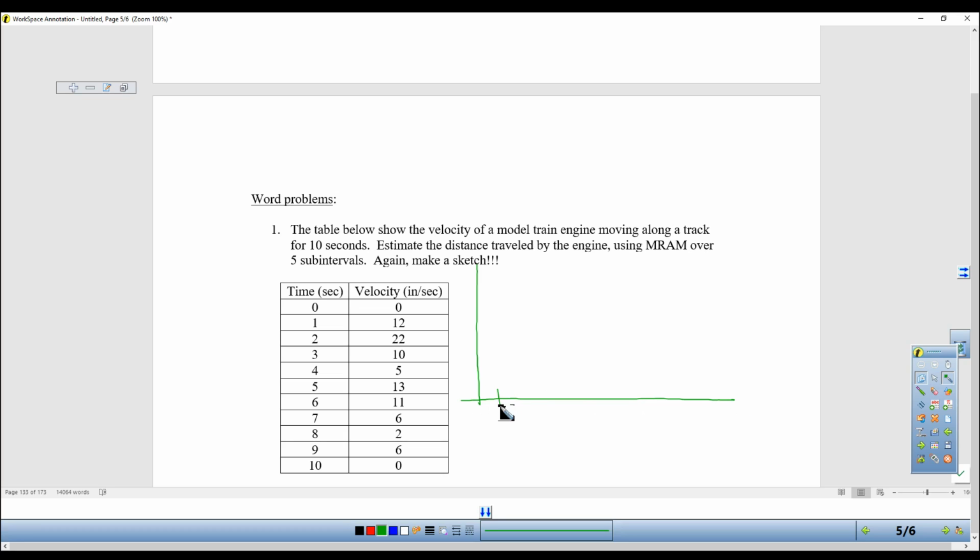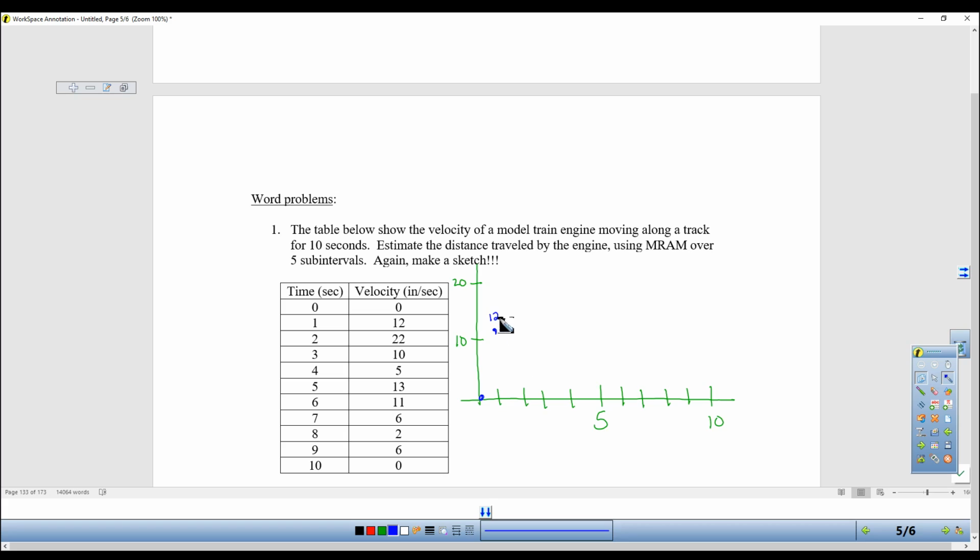So I am going to mark this 1, 2, 3, 4, 5, 6, 7, 8, 9, 10. But in the other direction, I kind of just glance and I say I need to get up to 22. So I think about the fact that that's how high I want this to be. So this is somewhere around 10. This is somewhere around 20. But otherwise, I do not try and make an accurate sketch. So I start off at 0.